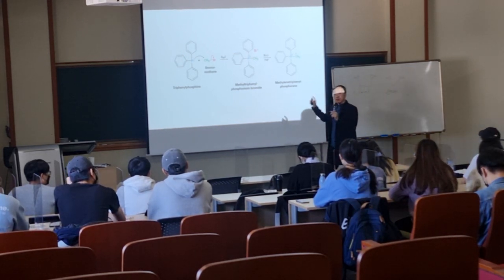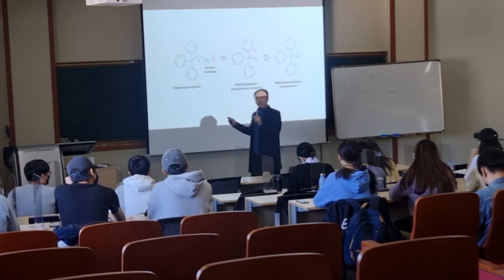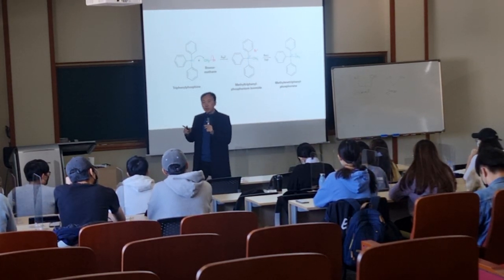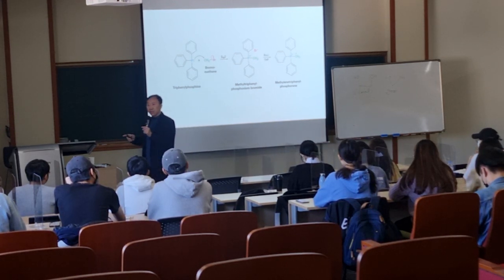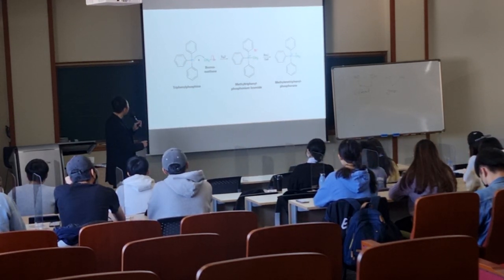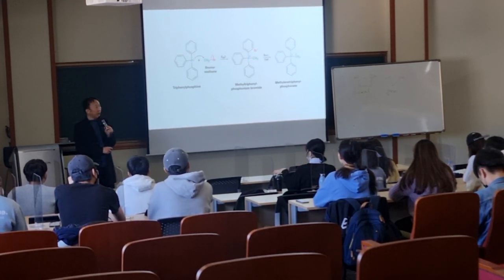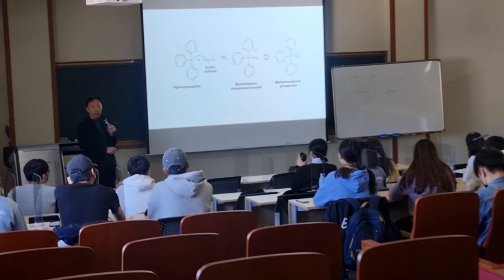So summarizing, this is a reaction similar to alkyl lithium reagent formation or Grignard reagent. But in this case, the reaction is not based on a metal base. This utilizes a nucleophile, the phosphorus nucleophile attacking here. Then this reaction is an SN2 reaction. Right?